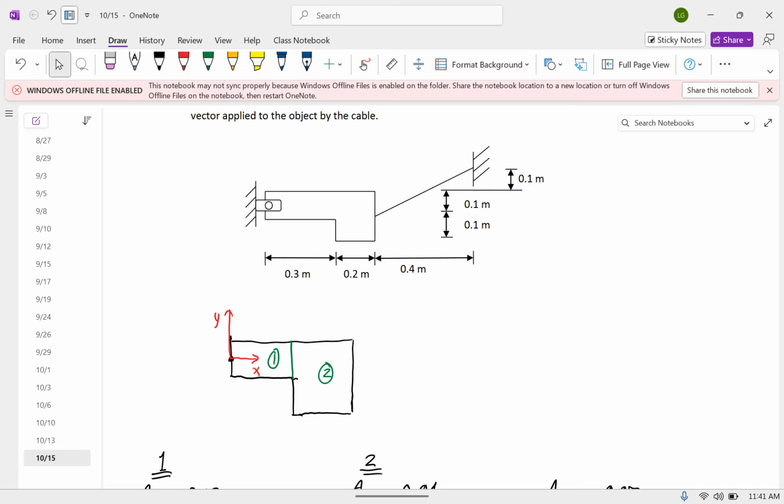So that's what I did. The vector from here to here goes in the positive x direction 0.4, and in the positive y direction 0.1 and another 0.1. So that's the 0.4 and 0.2. And then I use the unit vector function on my calculator. If you don't have that, you just have to divide it by the square root of the sum of the squares.